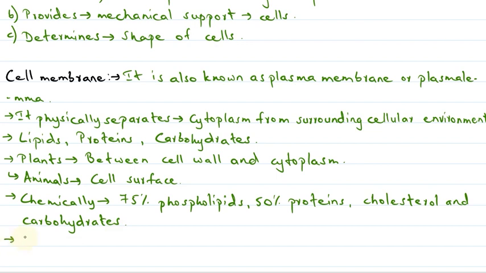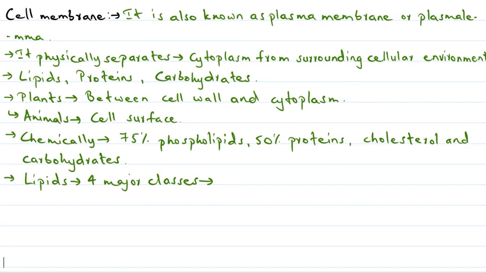Okay, so there are 4 major classes of lipids. Now these lipids that are present are of 4 major classes. And what are these 4 major classes of lipids present in the plasma membrane?